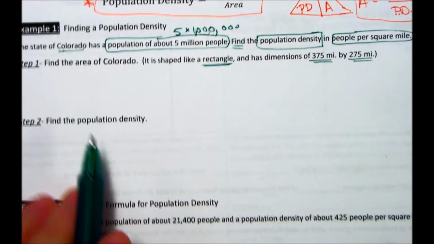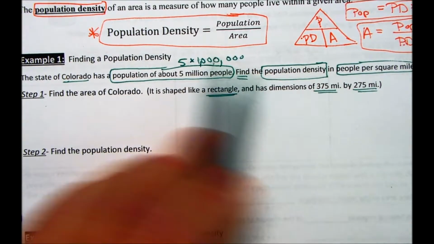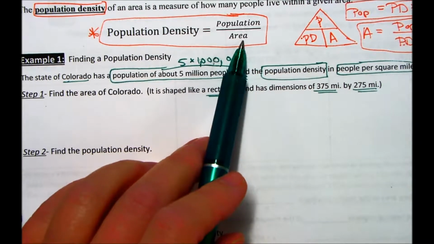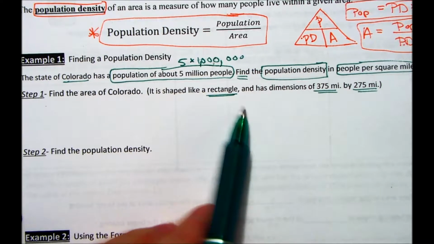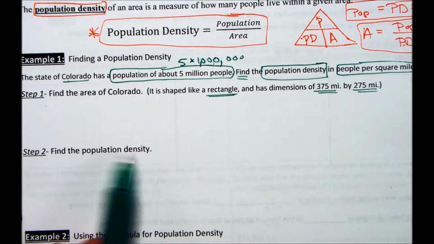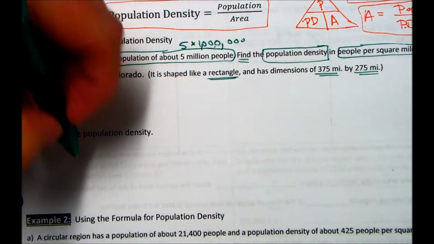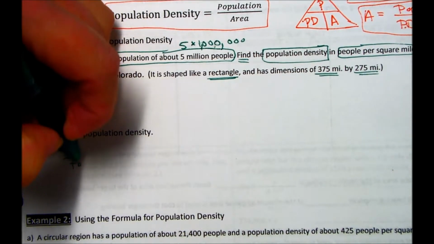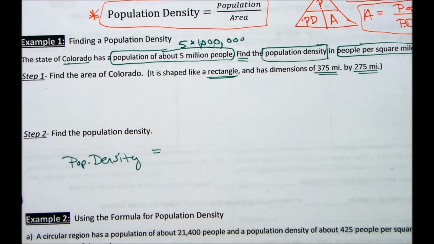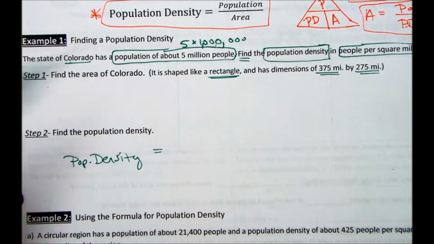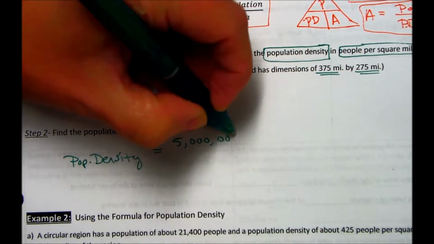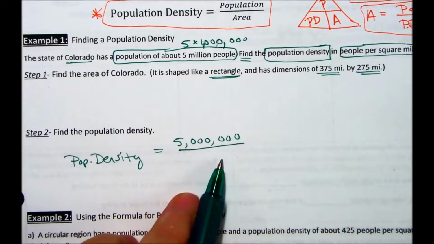The first thing I want to do, so when you're finding the population density, you're going to take the population divided by the area. Well, the information doesn't tell us directly what the area is. So we're going to take our population, 5 million, and we have to divide it by the area.